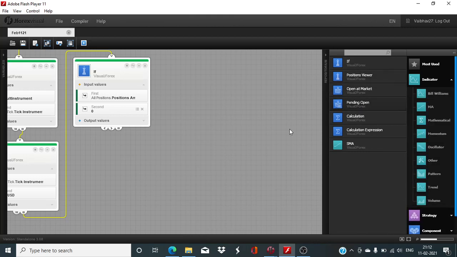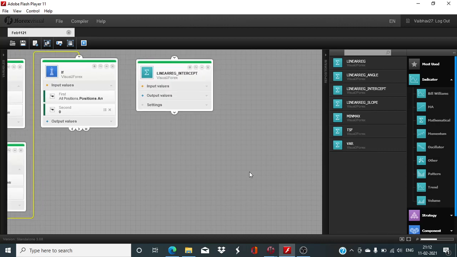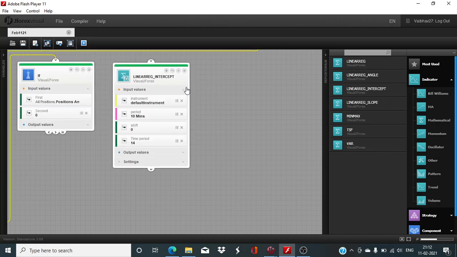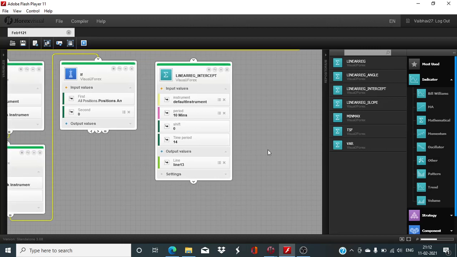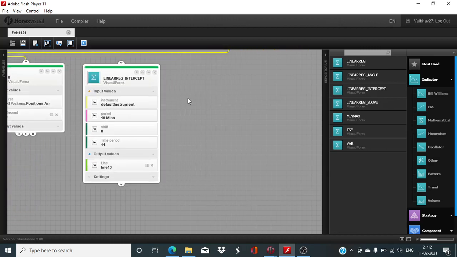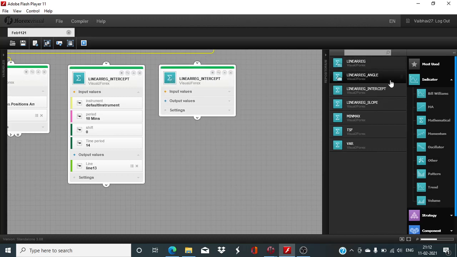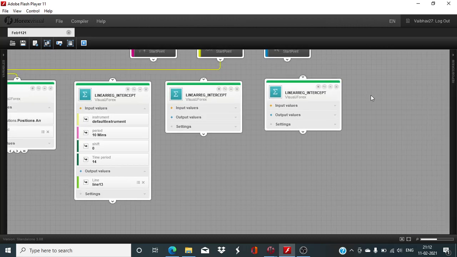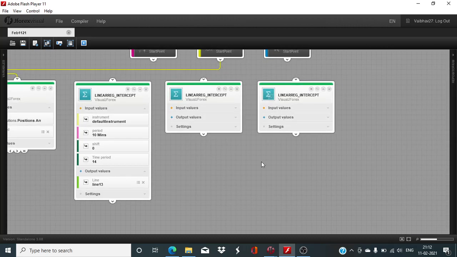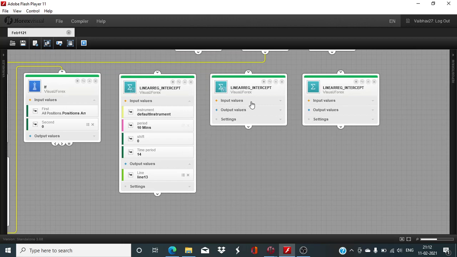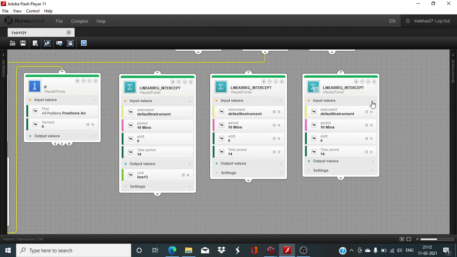Coming to the indicator, it is included under the mathematical indicators, linear regression intercept, third from the top. And this setup we are going to build on the 15-minute time frame, and to carry out the comparison and also to set the condition of the price action, I will need at least 3 linear regression intercept blocks.